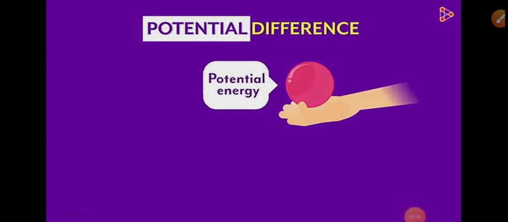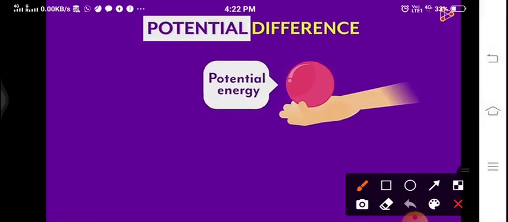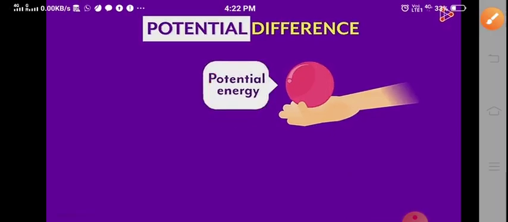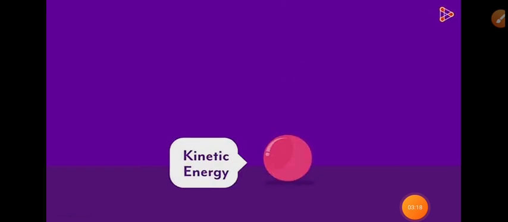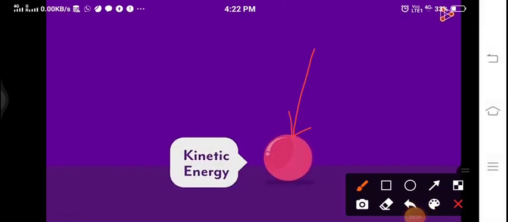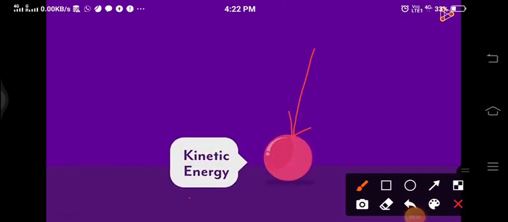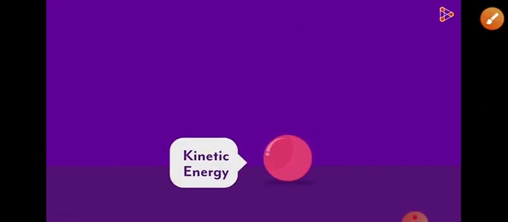A ball is in your hand. What kind of energy is there with the ball? Yes, of course, it is potential energy. When you drop the ball, the potential energy is converted into kinetic energy. Kinetic energy means when an object has motion.